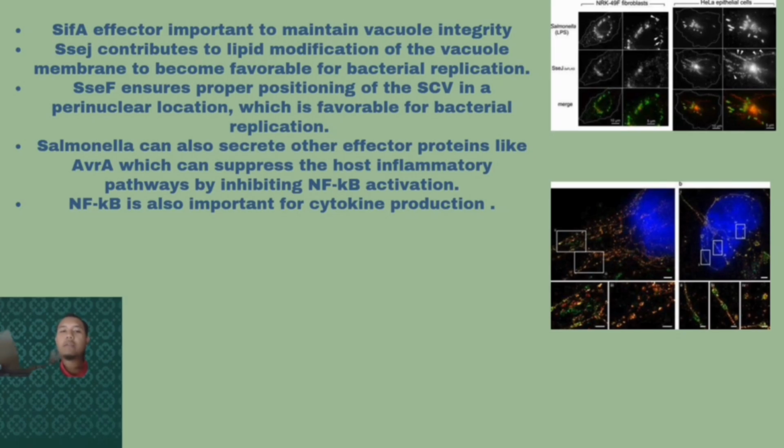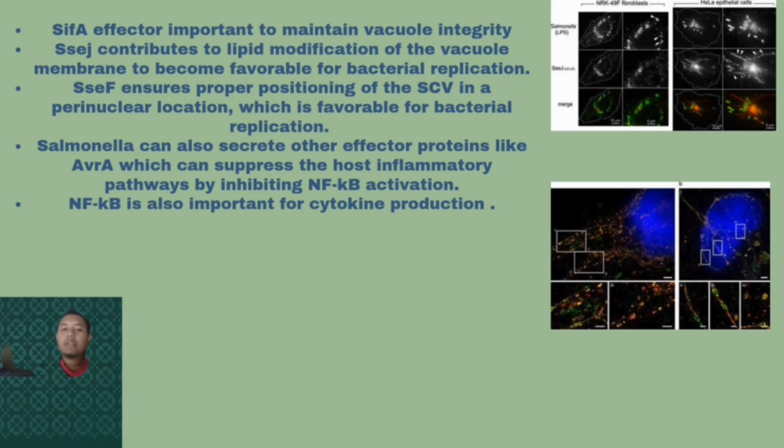Furthermore, the SifA effector plays an important role in maintaining vacuole integrity, while SseJ contributes to lipid modification of the vacuole membrane so that it becomes more suitable and favorable for bacterial replication.